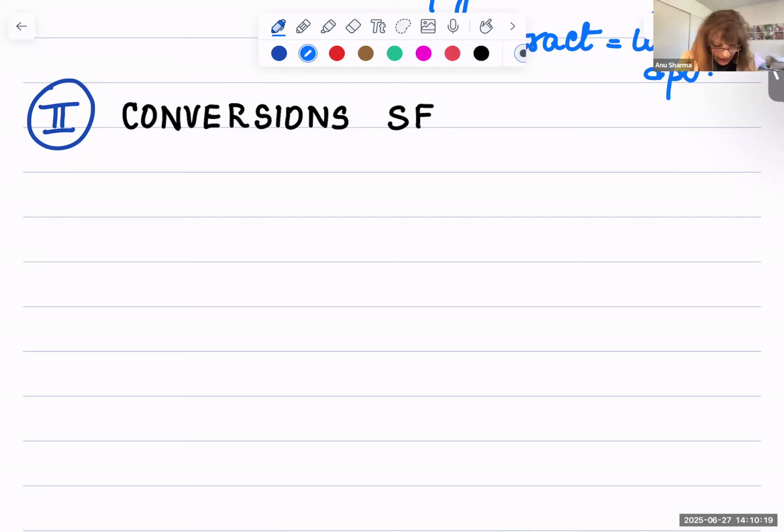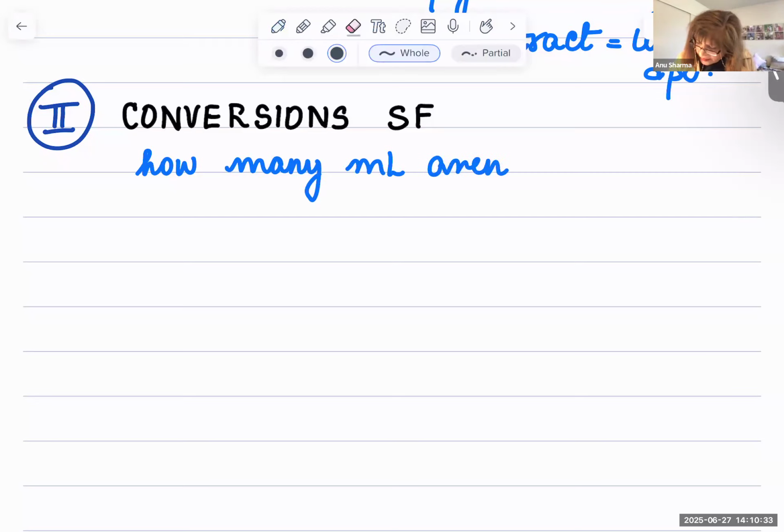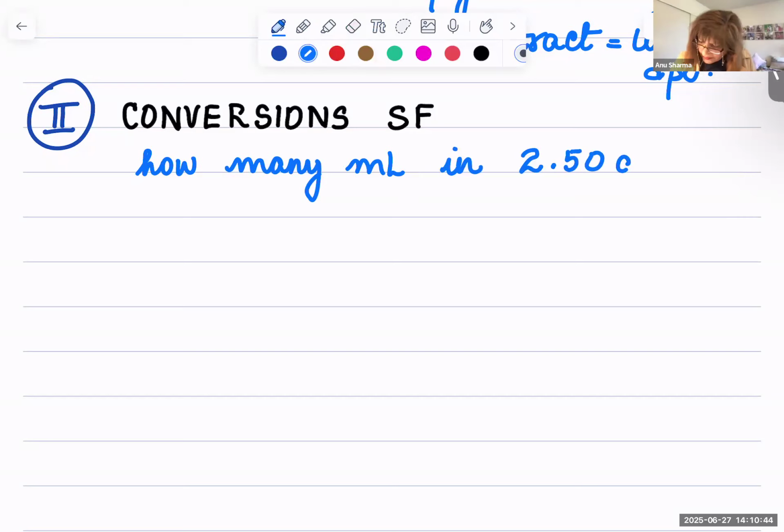Okay, so let's say you have: how many milliliters are in 2.50 quarts?